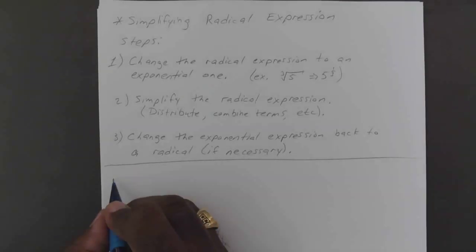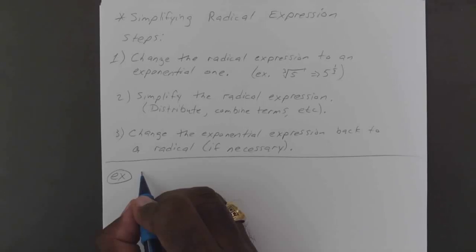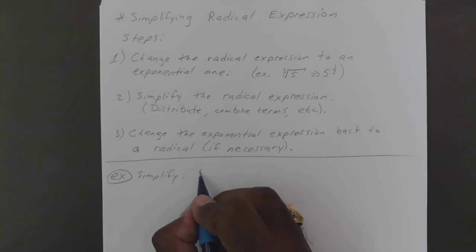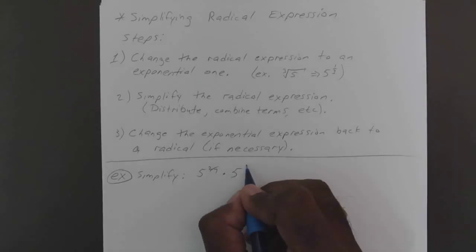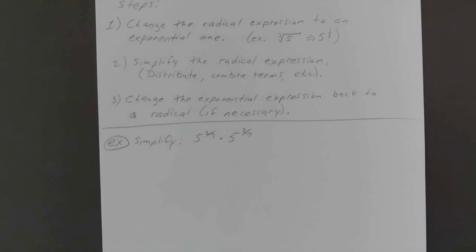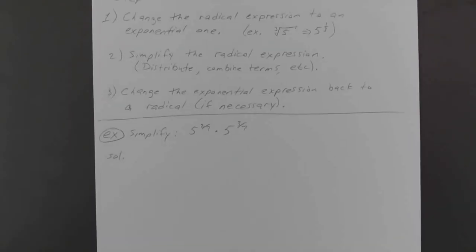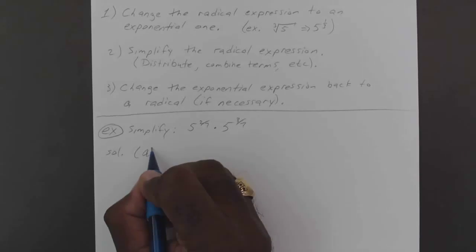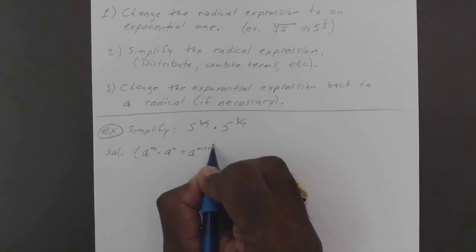All right, so let's say, for example, if you wanted to simplify 5 to the 2/7 power times 5 to the 3/7. Okay, so if you remember, a to the m times a to the n equals a to the m plus n.